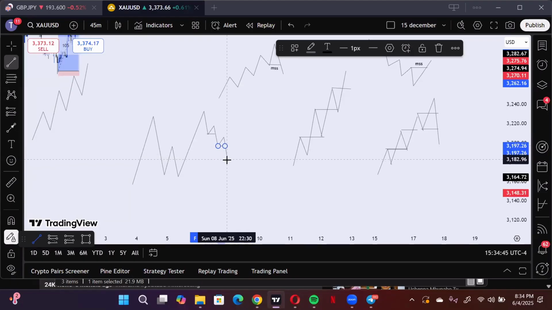So when this keeps happening, lower highs, lower lows, lower highs, lower lows, all these are single break of structures.